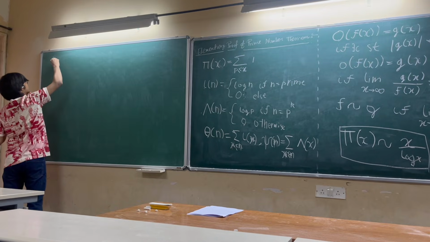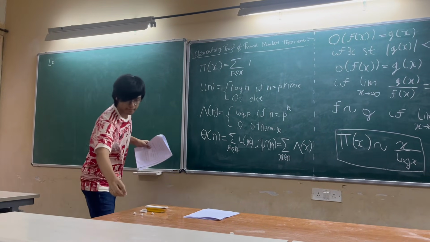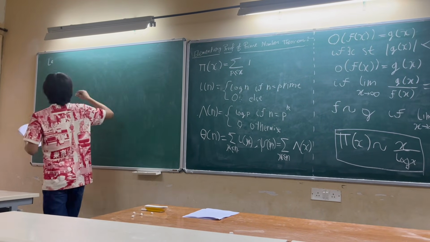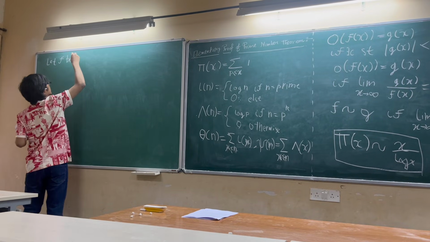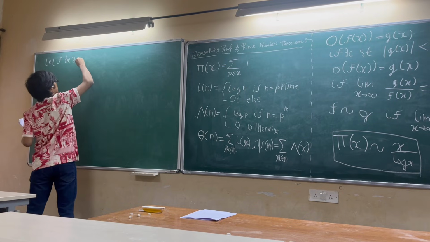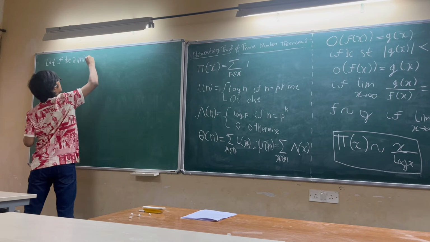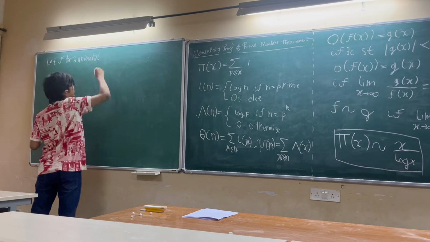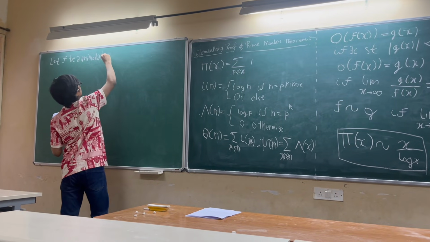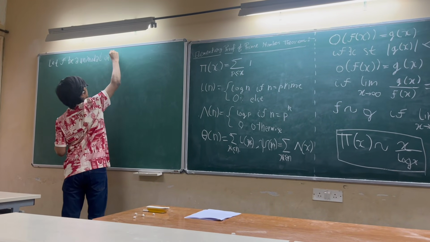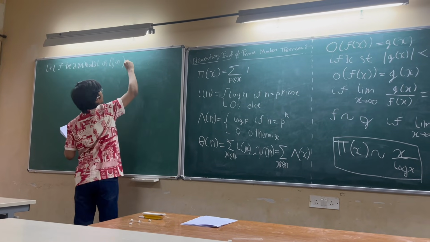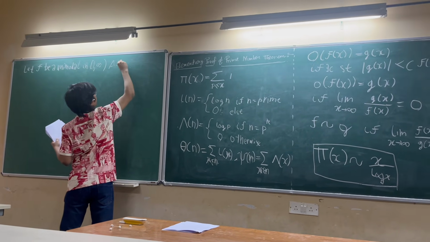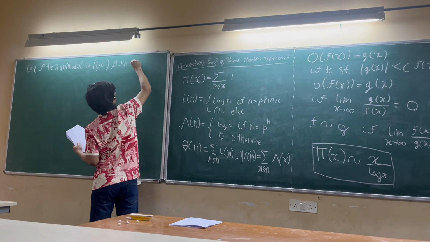Let f be unimodal. Unimodal means it has a single local maximum on the interval 1 to infinity, and let's say f is integrable.